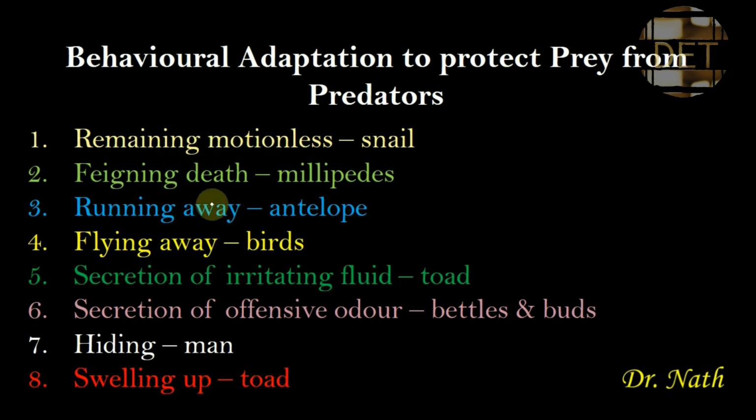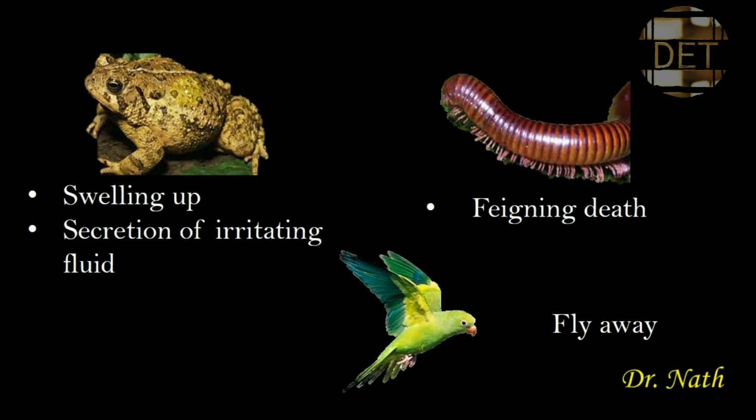So these are the basic examples of behavioral adaptation to protect prey from predators. Like I said, the toad will swell up or it will secrete irritating fluid. That is a behavioral adaptation that will help protect it from predators. The millipede will pretend to be dead.